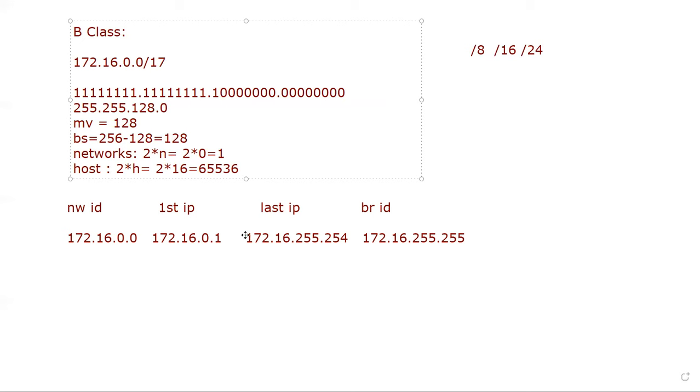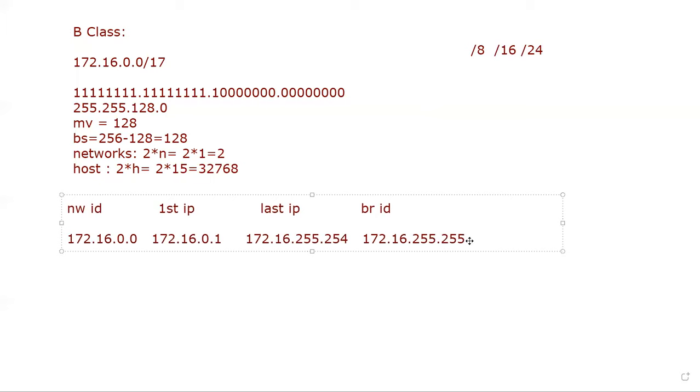Now, how many bits have we turned on? 1, because 16 is fixed, we have turned on 1 bit, so 2 raised to power 1 is equal to 2. How many zeros are there? 7 plus 8, 15. So 2 raised to power 15 is 32,768. Now, how to divide 32,768?